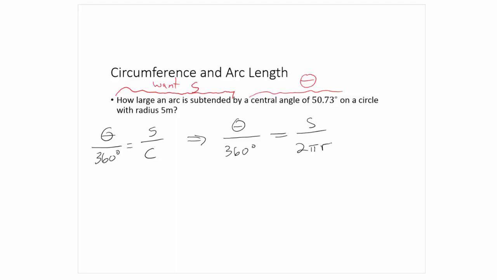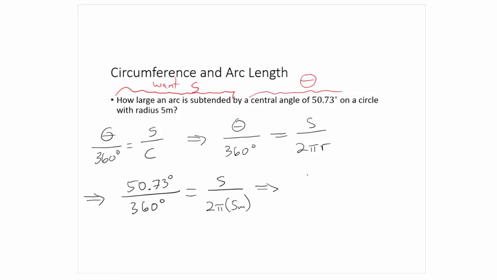If we aren't told the circumference, then we have to figure it out. So let's fill in what we know. Theta, 50.73 degrees over 360 degrees is equal to s, which we don't know, over 2 pi times 5 meters.